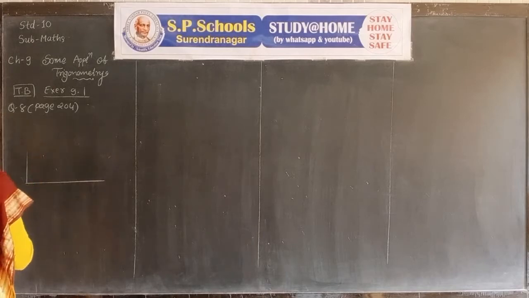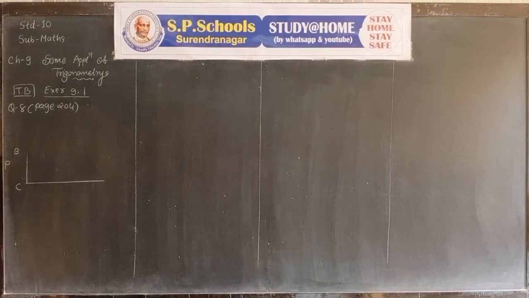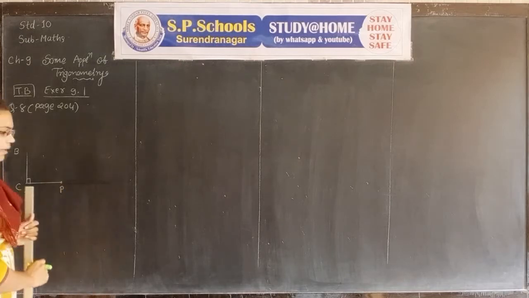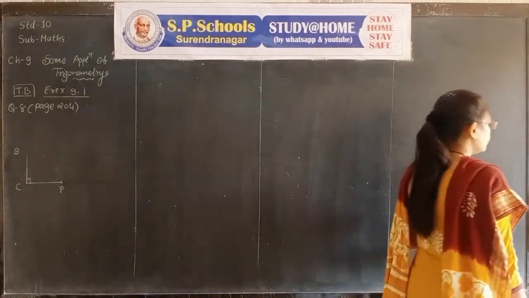Suppose BC is the pedestal, vertical with the ground level. Suppose point P is a point on the ground.